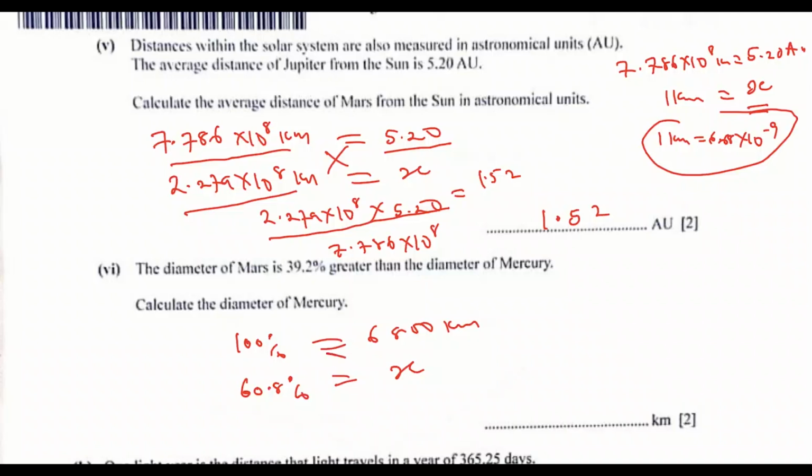If you cross multiply, x is equal to 6800 multiplied by 60.8, everything divided by 100. If you do this, you get x equal to 4134.4. So that will be the diameter of Mercury. So let's go to part B.